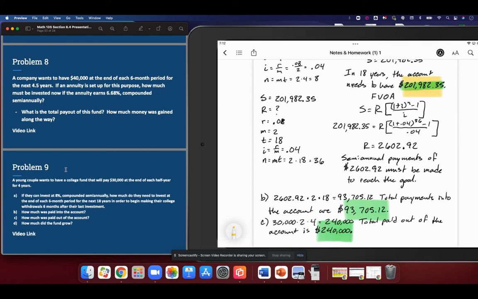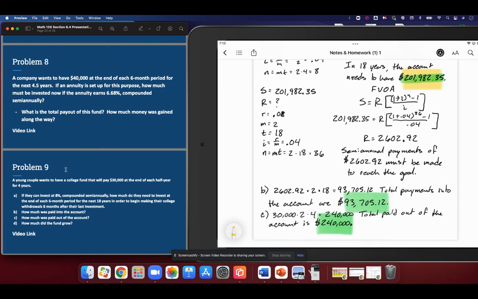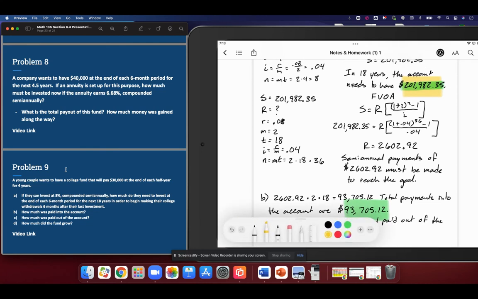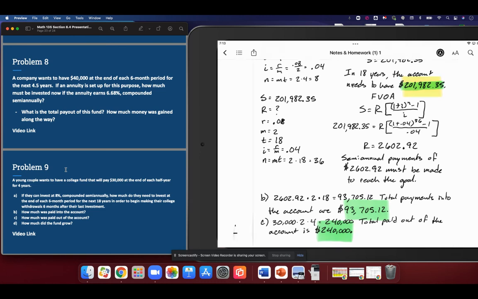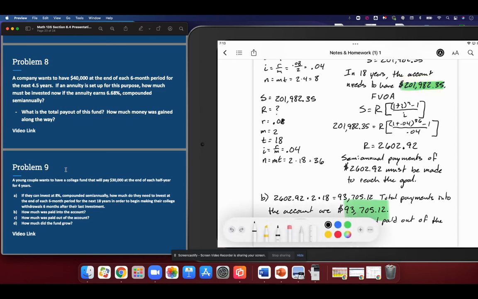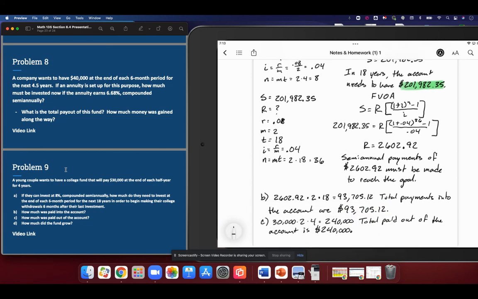And because we pulled money out slowly to the tune of $30,000 every half of a year, the value of the investment went from 201 up to 240. We gained another $39,000 by not pulling it out all at once, but instead by pulling it out slowly and letting a large chunk of money still hang out in there and make money for us.